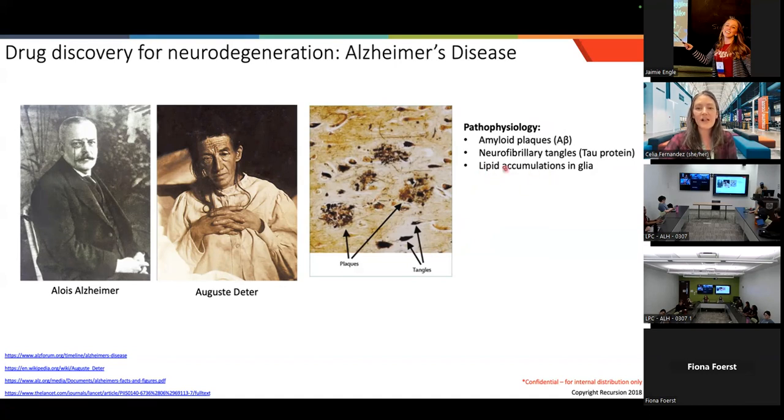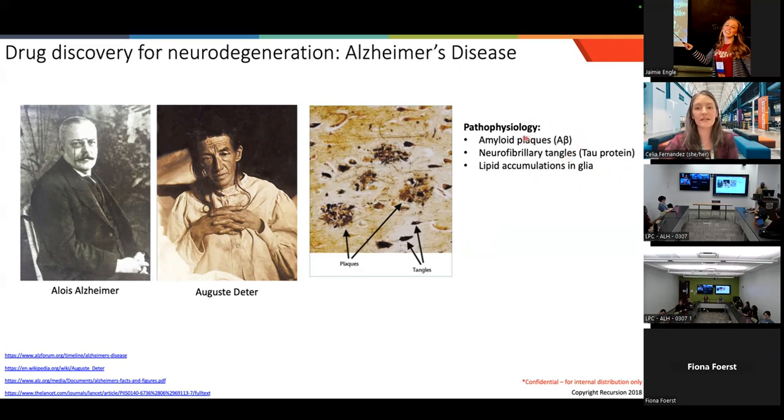This fell off the radar of the entire field until about 10, 15 years ago. Maybe that's because not a lot was known about glia. There weren't really a lot of methods to look at lipids in a routine way until quite recently. But these are the three pathophysiological hallmarks of Alzheimer's disease that he described himself.